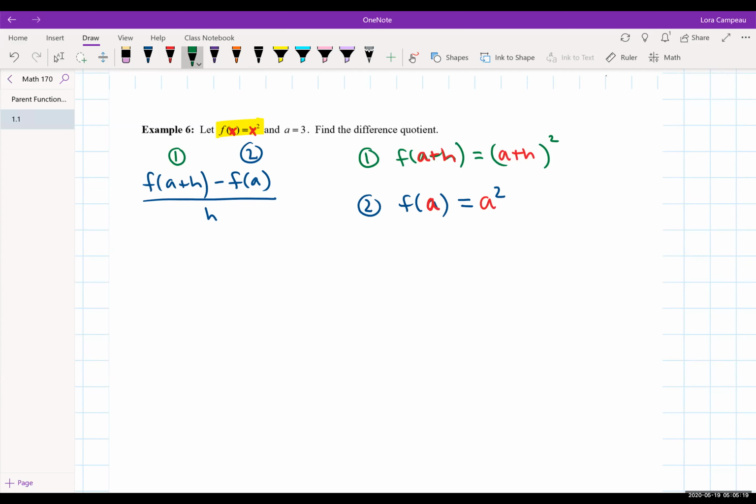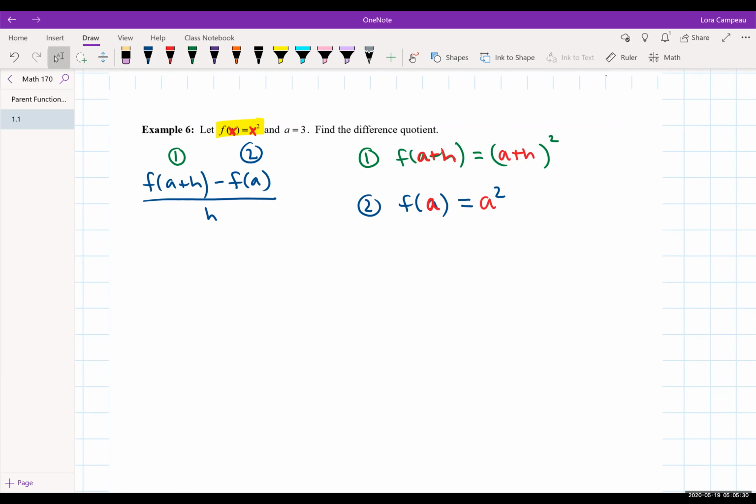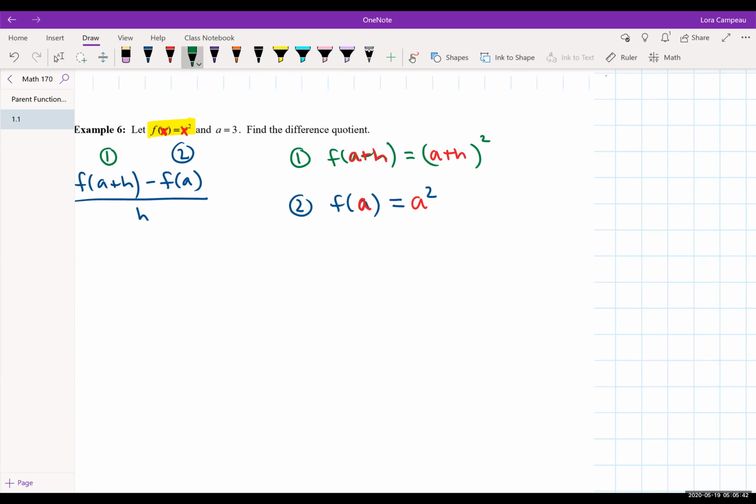So f of a plus h is a plus h squared, and f of a is a squared. Now, a lot of times what they prefer us to do before you start plugging it into the difference quotient, make your life easier, and let's say we can simplify a plus h squared first. And that's the square of a binomial. So just remember, there is a formula that allows you to go quickly, but it's just in case you forget.